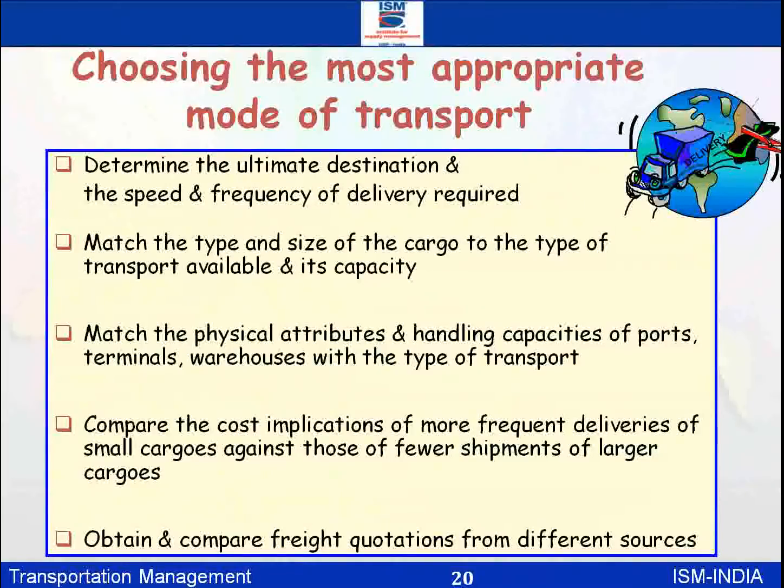So match the type and size of the cargo to the type of transport available. Physical attributes, as I was explaining to you. Because sometimes you send goods which are very big, but the port does not have the capacity. I remember the days when a disaster happened and we used to send goods through Mombasa in Kenya. Mombasa port capacity was too less.